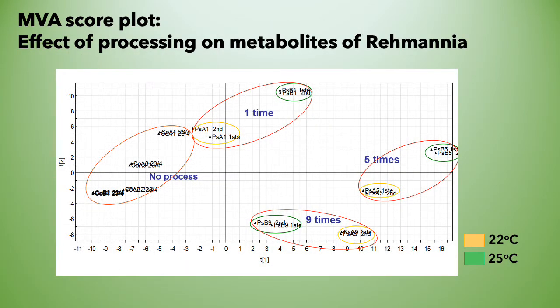So here we also show the principal component analysis of the 2 kinds of Rehmannia glutinosa, which grew at 22 degrees or 25 degrees, after no process, 1-time process, 5-time process, and 9-time process. So they have shown different chemical profiling after processing.